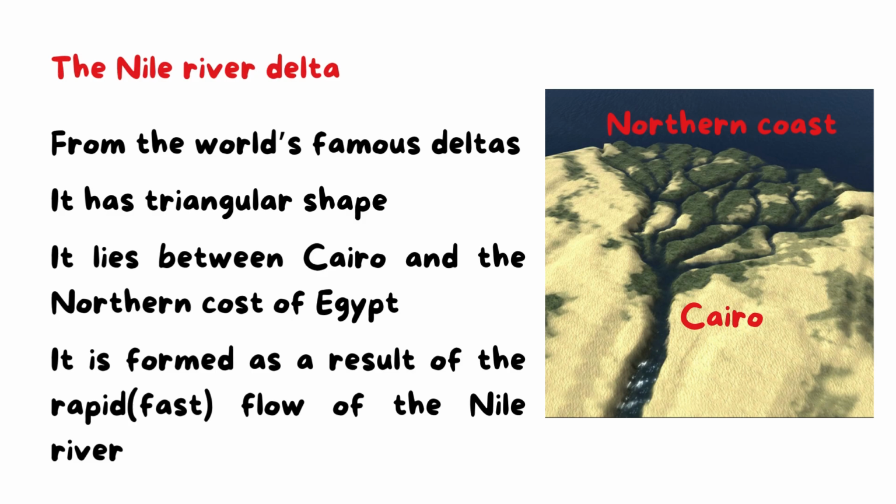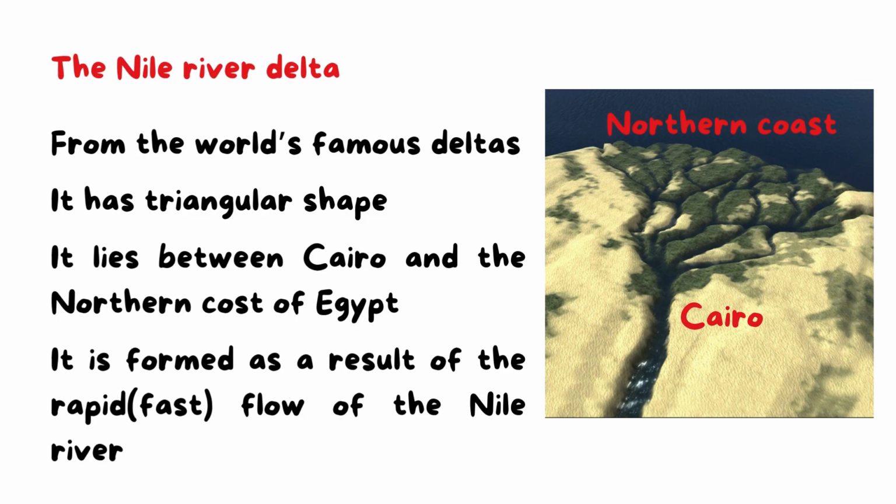And it is formed as a result of the fast or rapid flow of the Nile River. This rapid flow of the Nile River causes what? Yes, it carries more and more sediments.